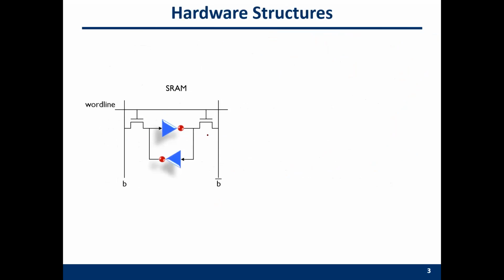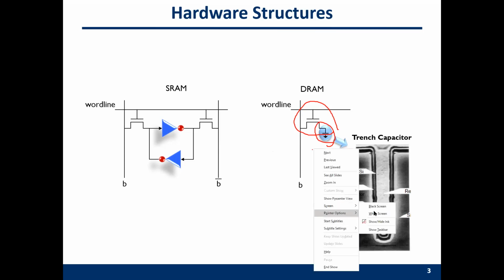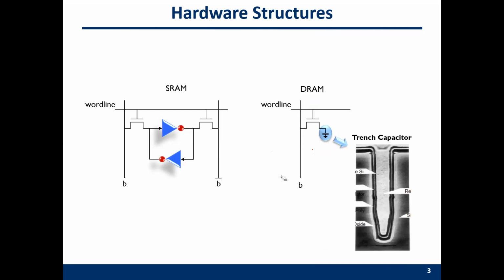So this is the SRAM. This is the DRAM. You can see that the DRAM has only one single transistor and one capacitor. This is the capacitor, and you can see the capacitor is actually very small here.